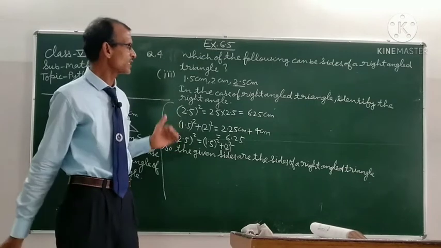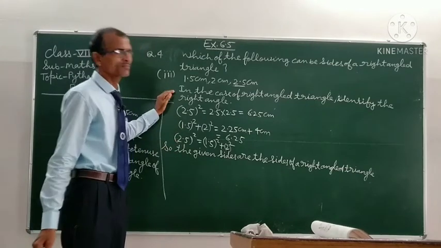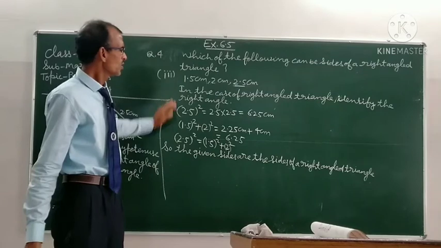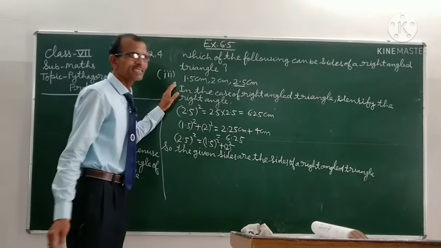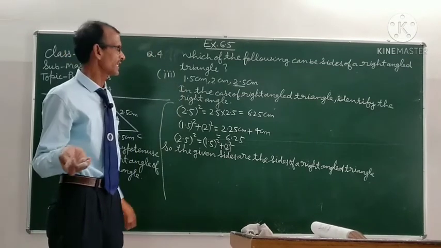अगर longest side का स्क्वायर remaining two side के स्क्वायर के सम के बराबर है तो then we can say that the given sides are the sides of a right angle triangle.